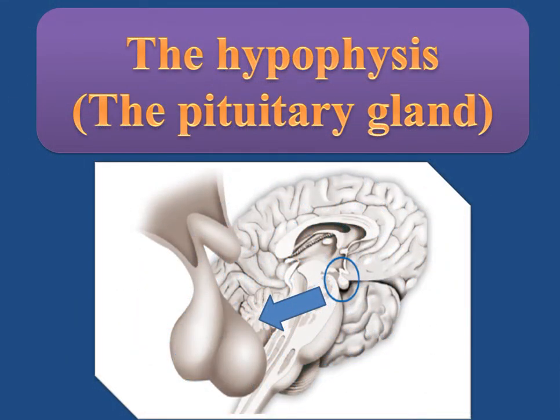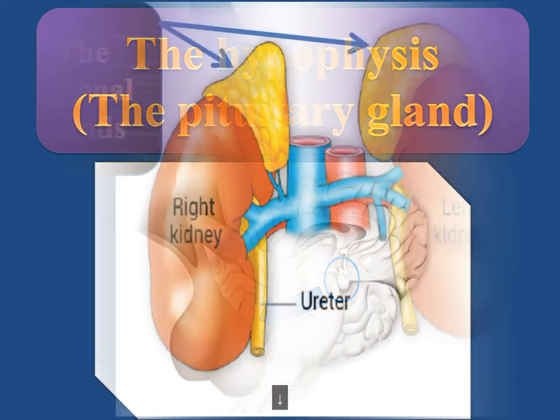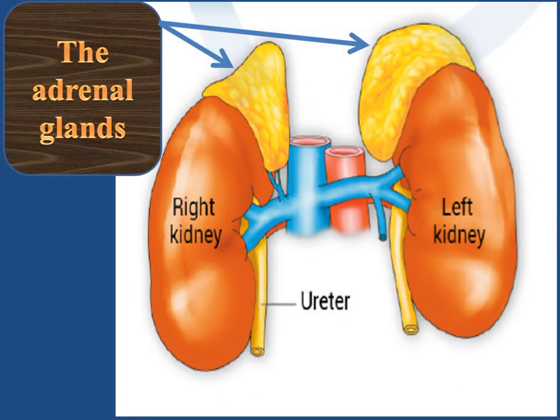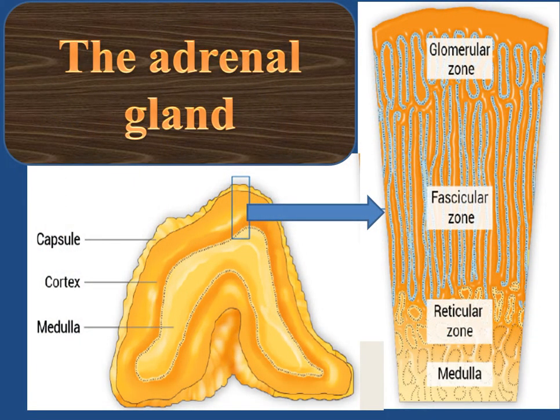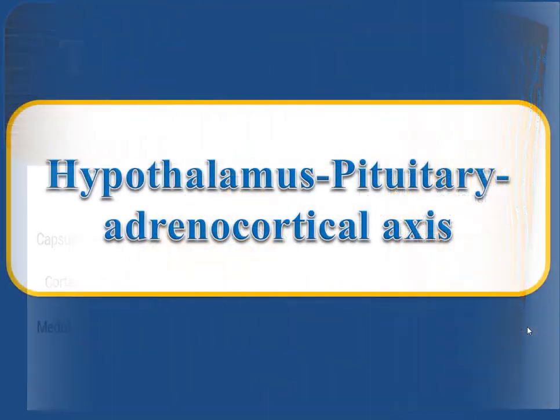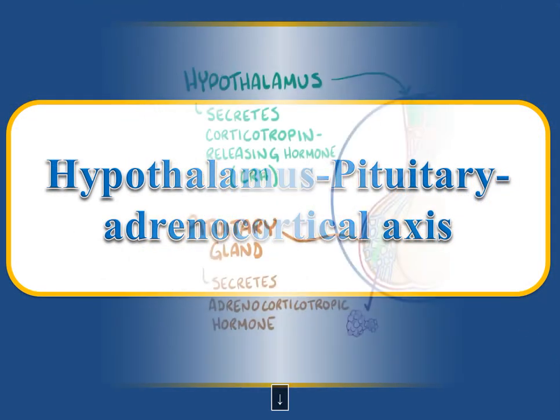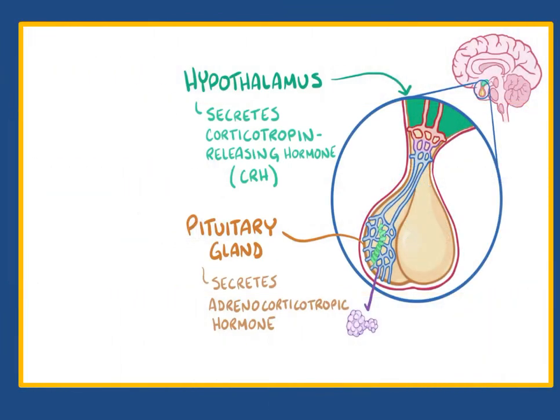In this picture, we can see the pituitary gland and the adrenal glands. The adrenal gland consists of the cortical part and the medullary part. In the cortical part, there are three zones: glomerular zone, fascicular zone, and reticular zone. And the hypothalamus-pituitary-adrenocortical axis. A few words about physiology.